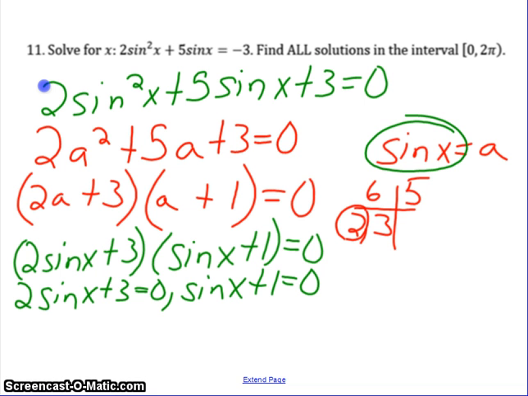Here I'm going to subtract 3. Two sine of x equals negative 3, and then divide by 2. So the sine of x equals negative 3 over 2. Here I'm just going to subtract 1.